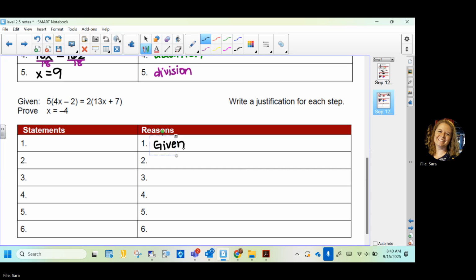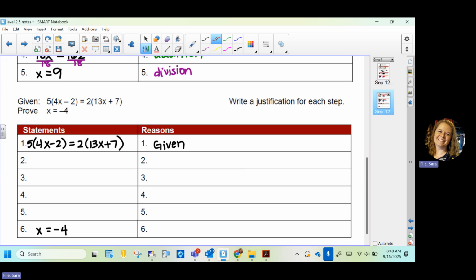Yeah, that whole equation: 5 times 4x minus 2 equals 2 times 13x plus 7. Is there anything else I can fill in before I get started? Yeah, that last statement should be x equals -4.